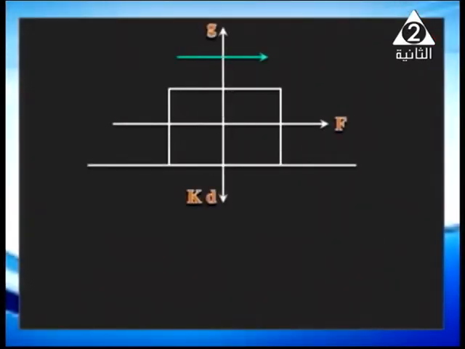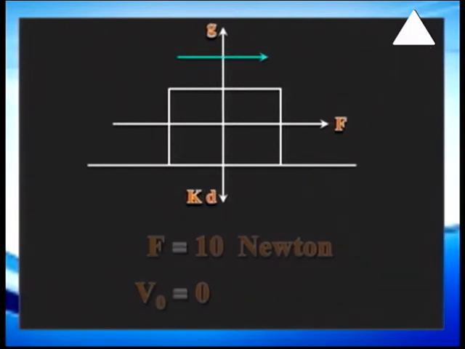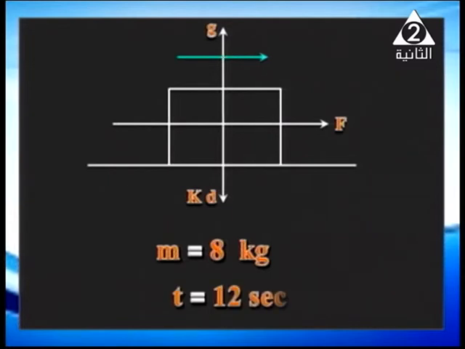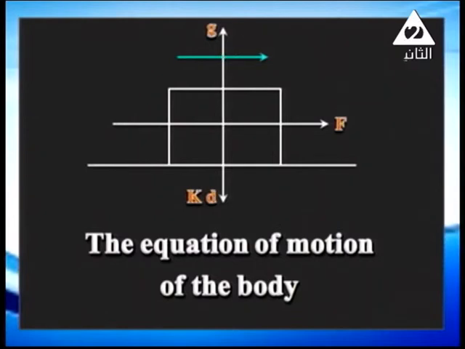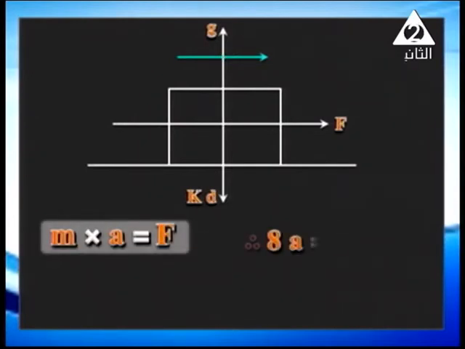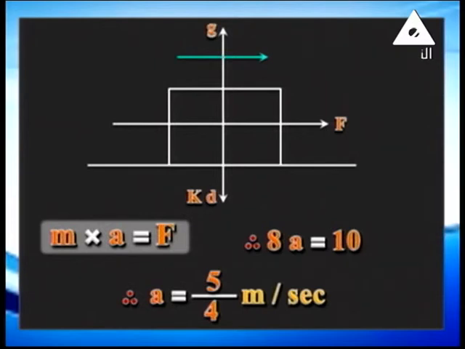My dear student, we have the force 10 Newton, initial velocity v naught equals 0, mass equals 8 kilogram, time 12 seconds. Therefore, the equation of motion of the body: ma equals F. What is a? Substituting m equals 8 and the force equals 10, a equals 10 over 8, 5 over 4 meter per second squared.